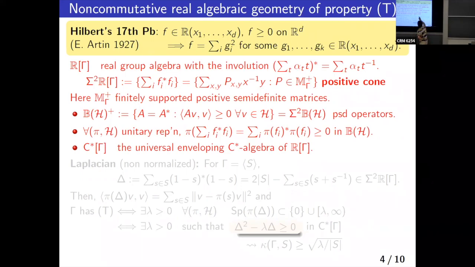But the square root is not a rational polynomial, so I have to lift the analytic solution to a rational polynomial. Here I use perhaps a Hahn-Banach separation argument. That's why there are positive sums here. Now I do the same thing for this real group algebra.